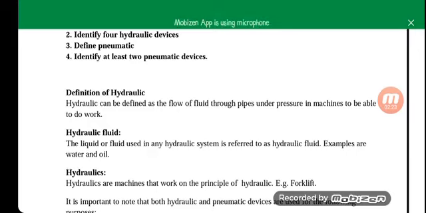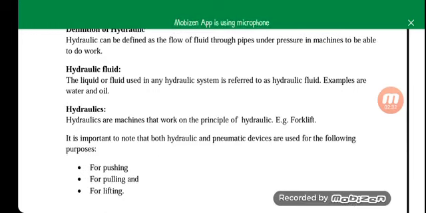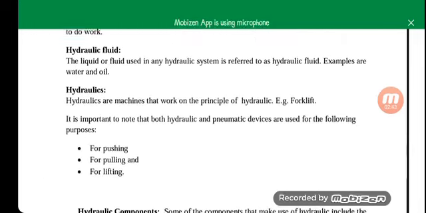This fluid could be water or something oily. So the examples here are water and oil. Now, you also have hydraulics. Hydraulics are machines that work on the principle of hydraulic. We've defined what hydraulic is.